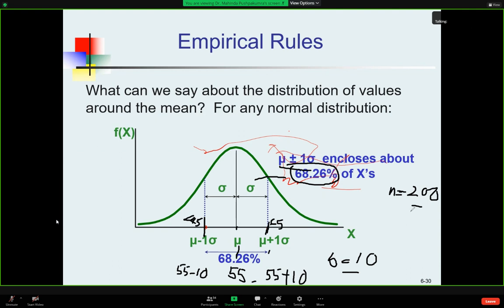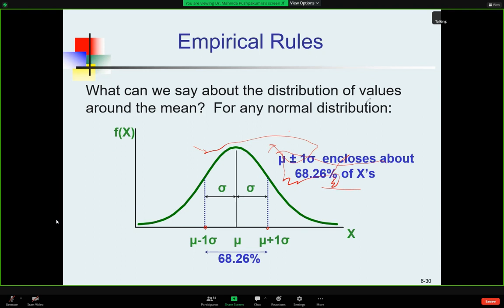That means nearly 68%, so out of 200, about 136 are in this age range. Is it clear? Did you get the point? Yes, sir.